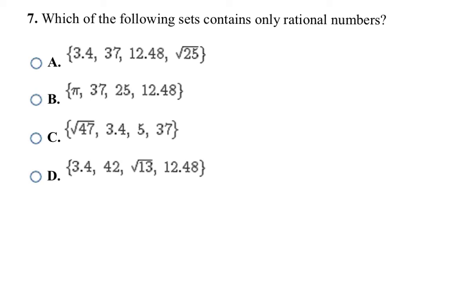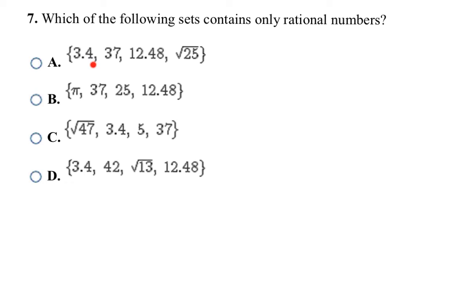The second question is also looking for which of the following sets is all rational numbers. And so I just need to go through and think about what I know. Rational numbers are always fractions, and rational numbers in decimal form are always ending or repeating. So in letter A here, I have a decimal, and that decimal ends.